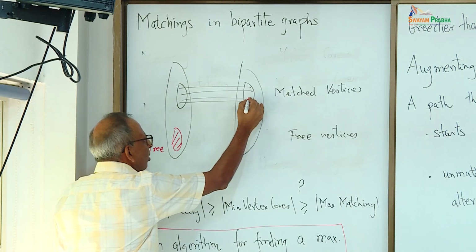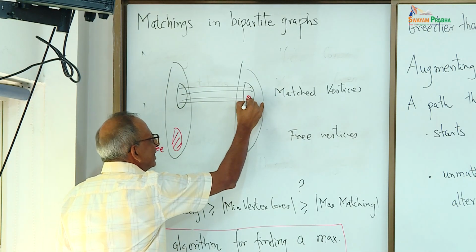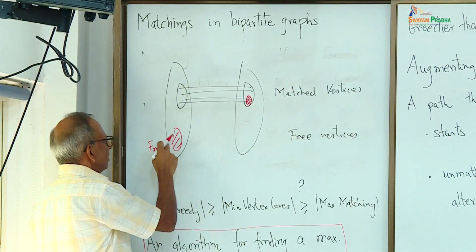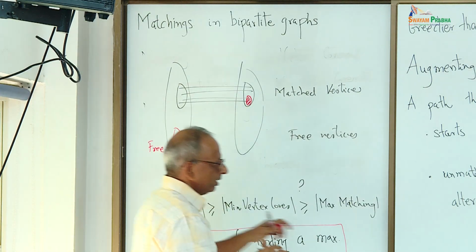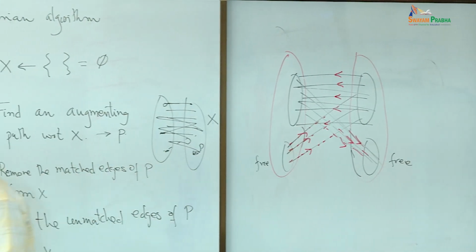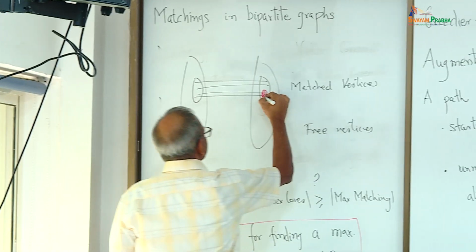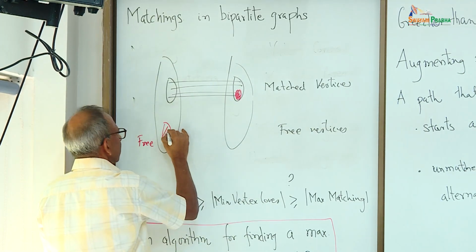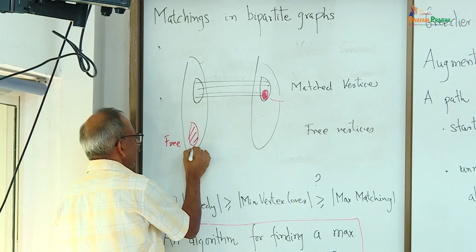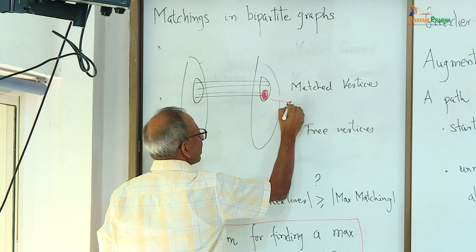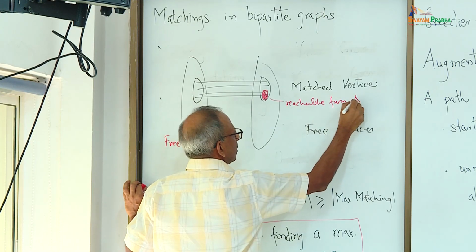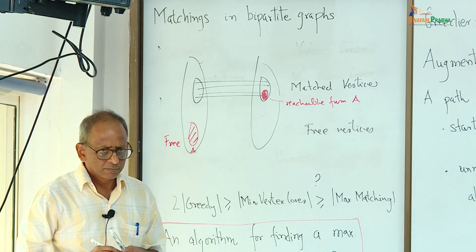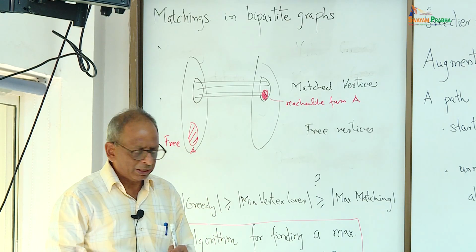And find out all the vertices on this side which can be reached from these free vertices by alternating paths. Meaning, in this graph with these directions, find out all those points which can be reached from here. Let me call this A. These are points that are reachable from A. What do I mean by reachable from A?